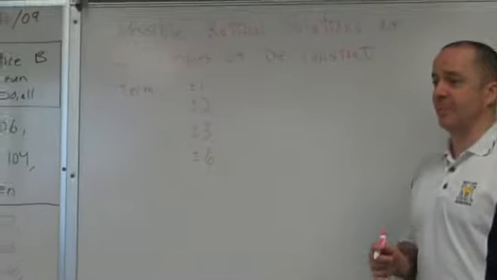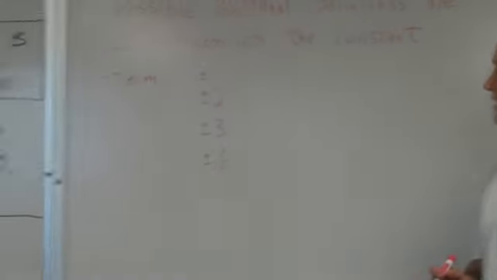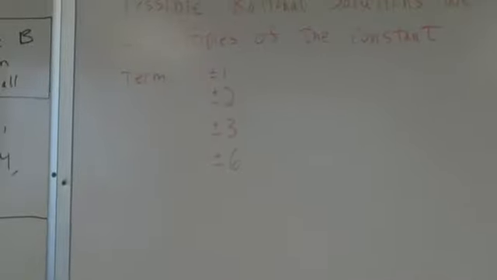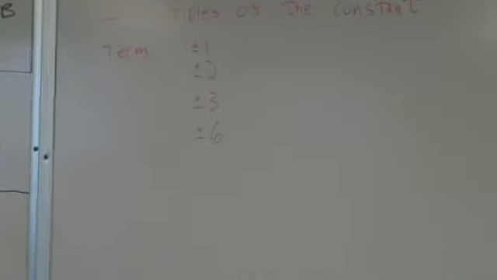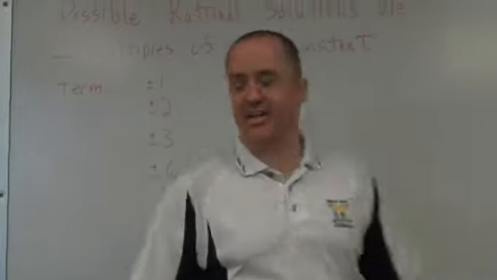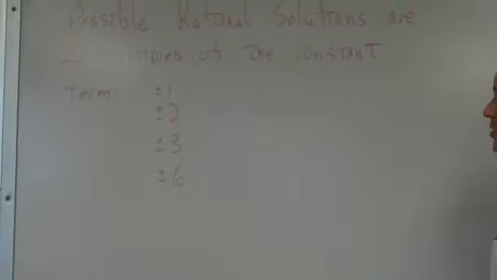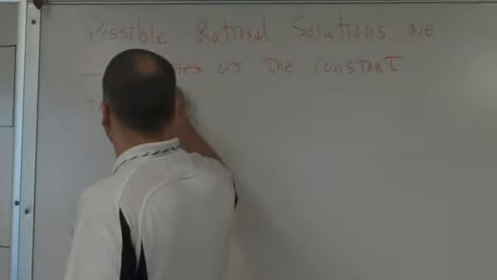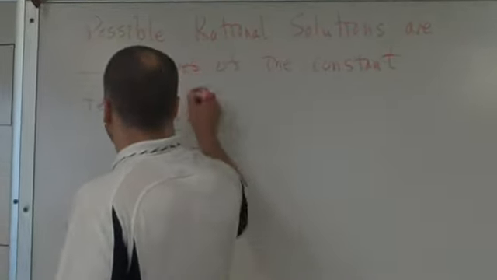You said multiple, not factors. Good point, I've been hammering what the word factor means. I should have used factors up there. We'll talk about that difference later. Factors is a better word.